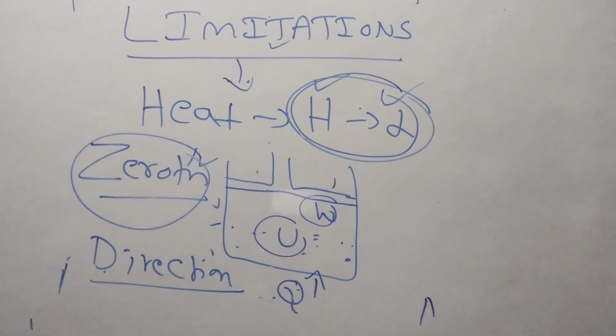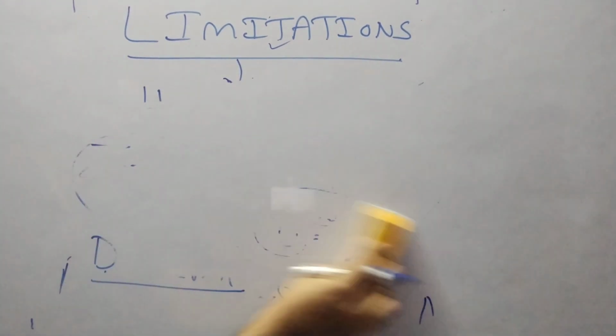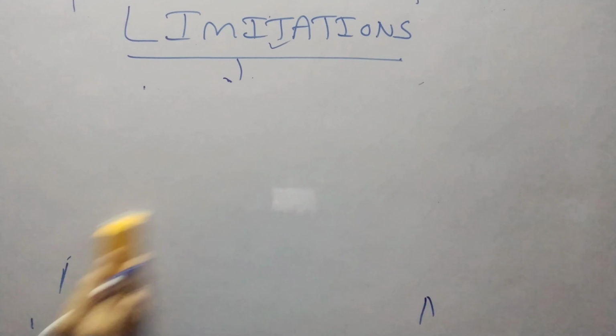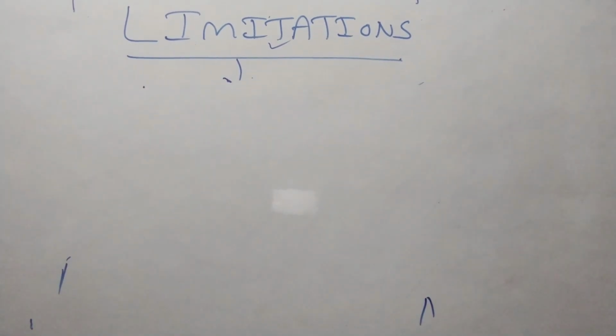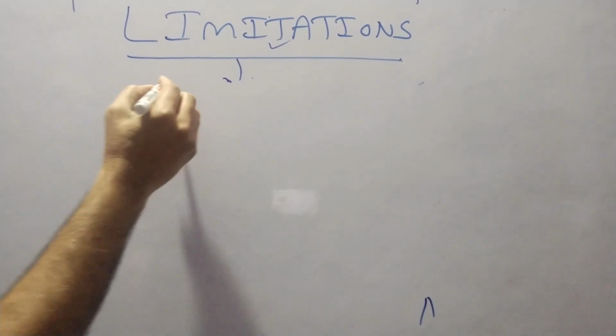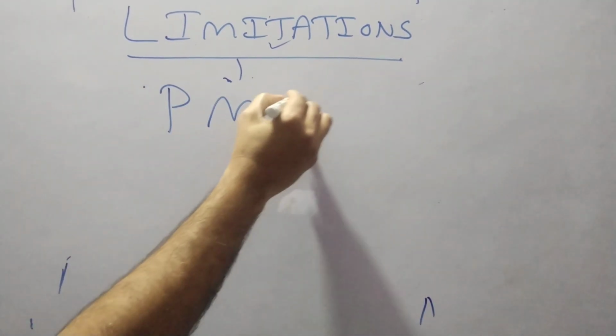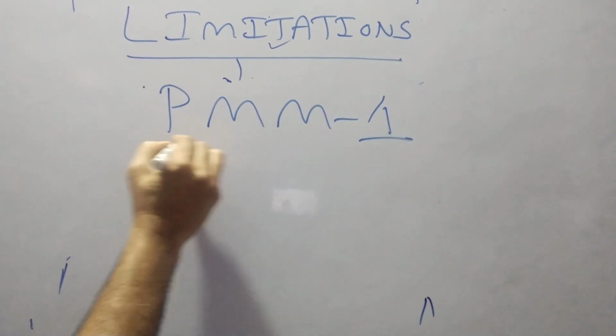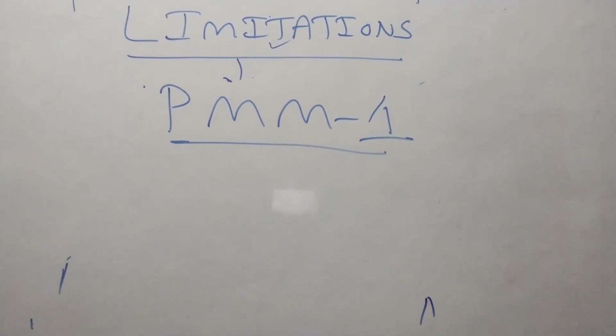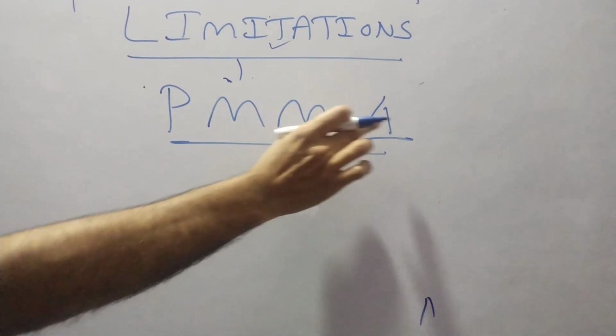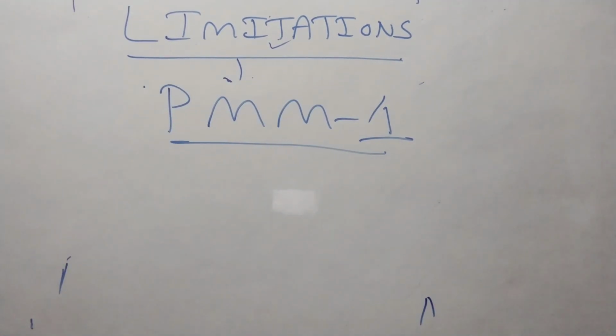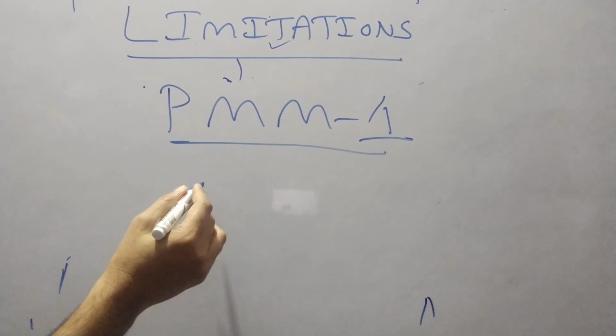And one more thing. The first limitation is that direction is not specified for the flow of heat and work. And one machine is there, that is the PMM1 machine, perpetual motion machine of the first kind. This comes under your first law. It is an ideal machine which produces mechanical work without consuming heat.